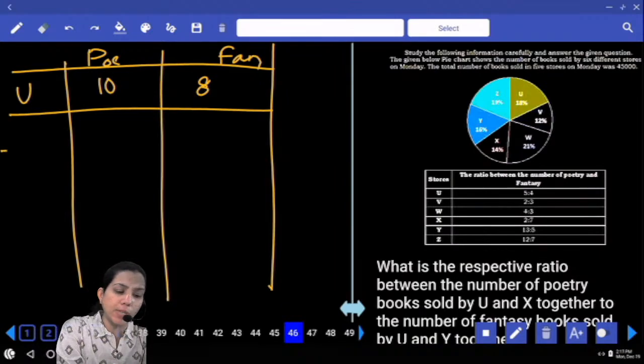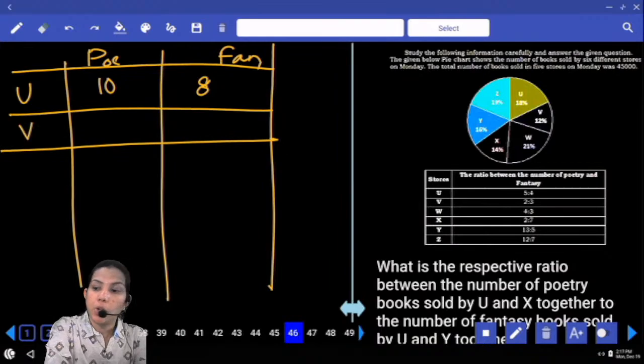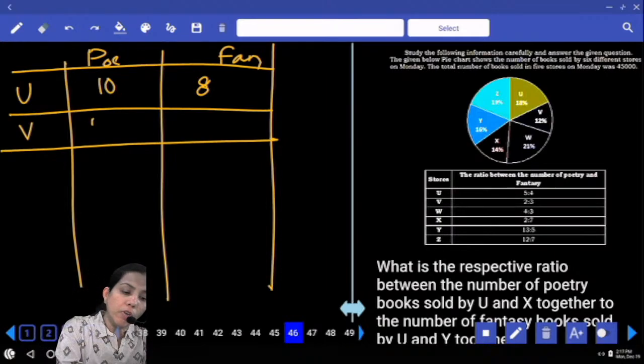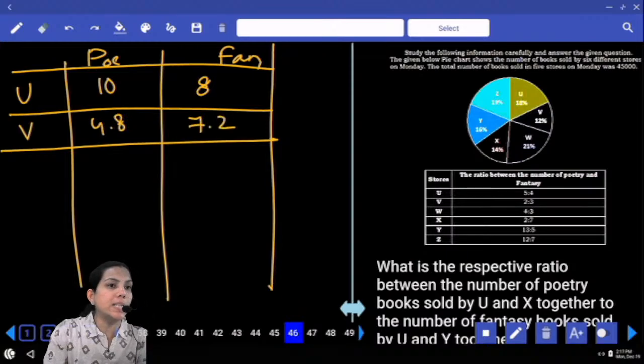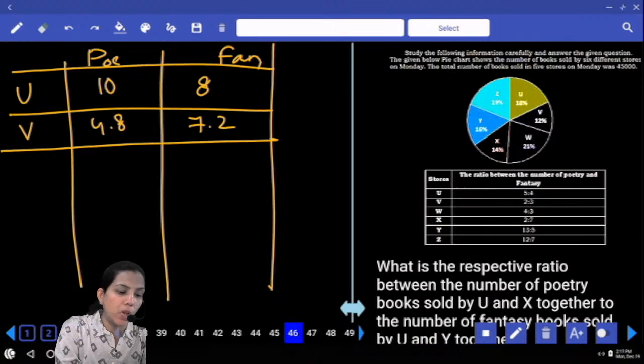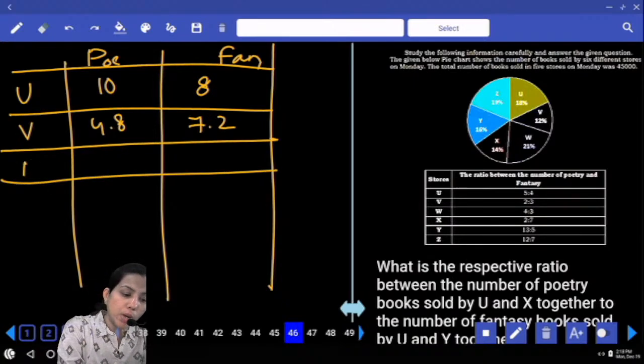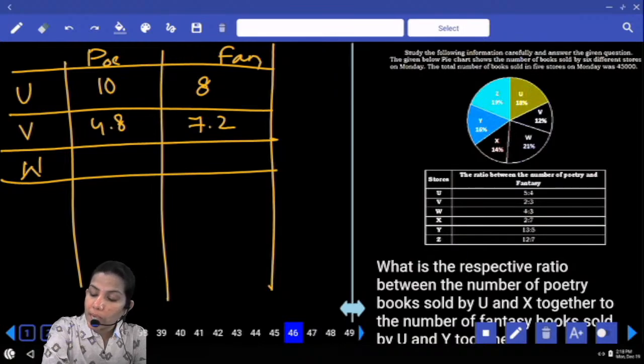18 is split as 5:4. Next, V total is how much percent? 12%, 5 parts, so each part is equal to 2.4. 2.4 into 2 is 4.8. 2.4 into 3 is 7.2. Sometimes converting into decimals is difficult, so you can keep it as a fraction. Okay, next W total 21 is distributed in the ratio 4:3, 7 parts, each part 3.